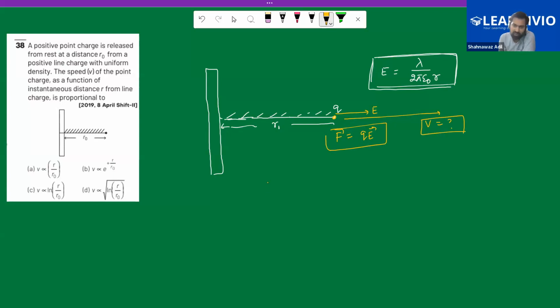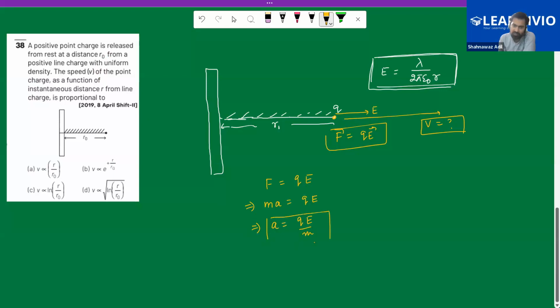So we know that force is QE, and we know that this is MA, right? So this is QE, and so then what do we have? So acceleration is QE by m. What is this electric field? The electric field value we already know. So electric field is lambda by 2 pi epsilon naught, and instead of r naught and r, we just name it as x.